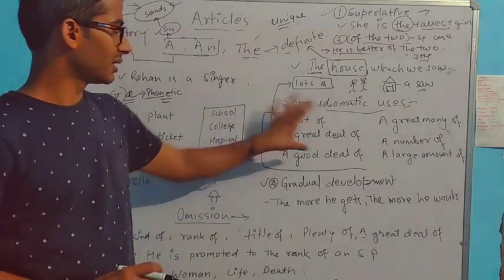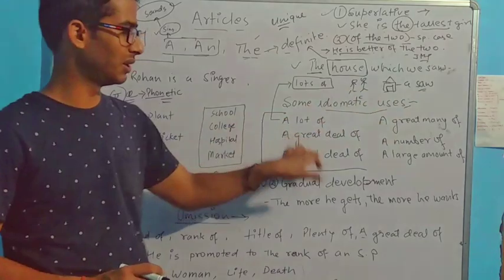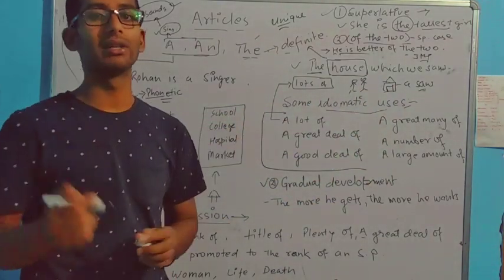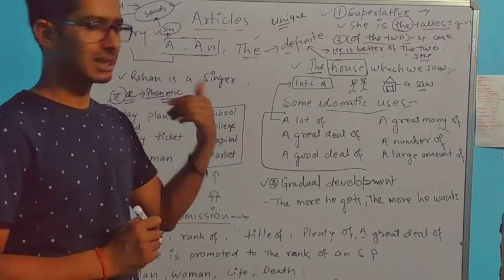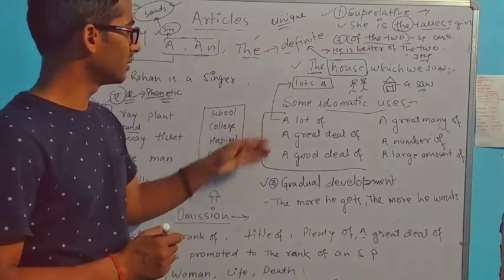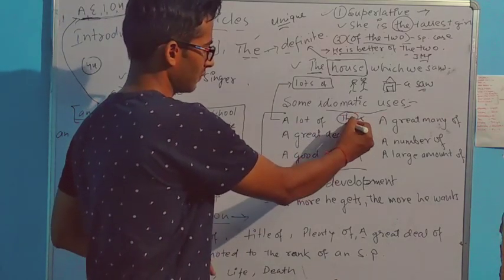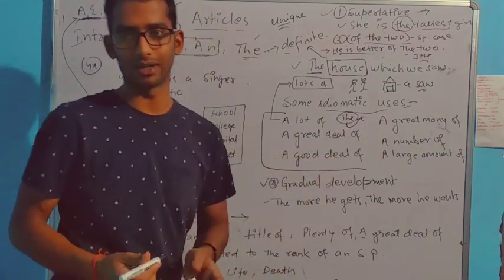If you get these idiomatic uses, you will use the. And if you need to find an error in your exam, you need to see whether the is used or not. So if the is used, the sentence will be correct.